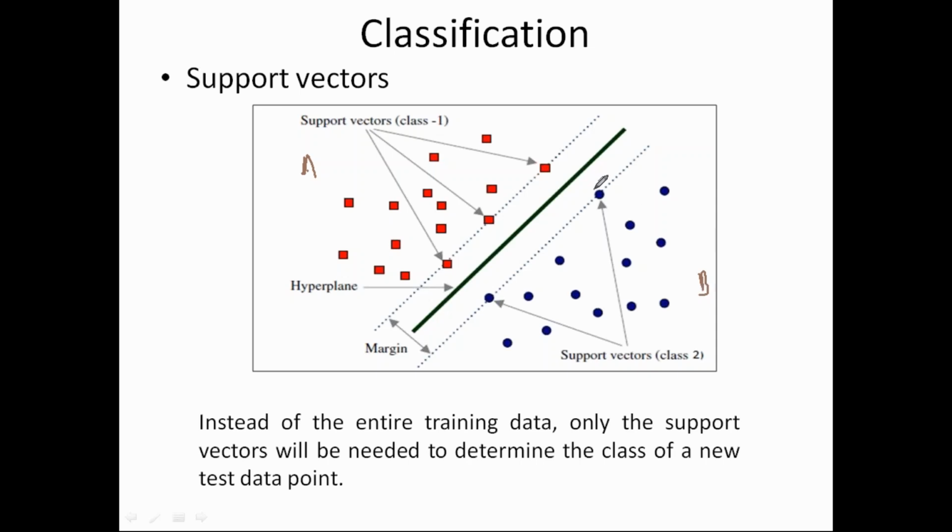SVM will first find out those data points which are near to the other class, basically the boundary data points. So it finds the blue point, and it will draw a line going through that.